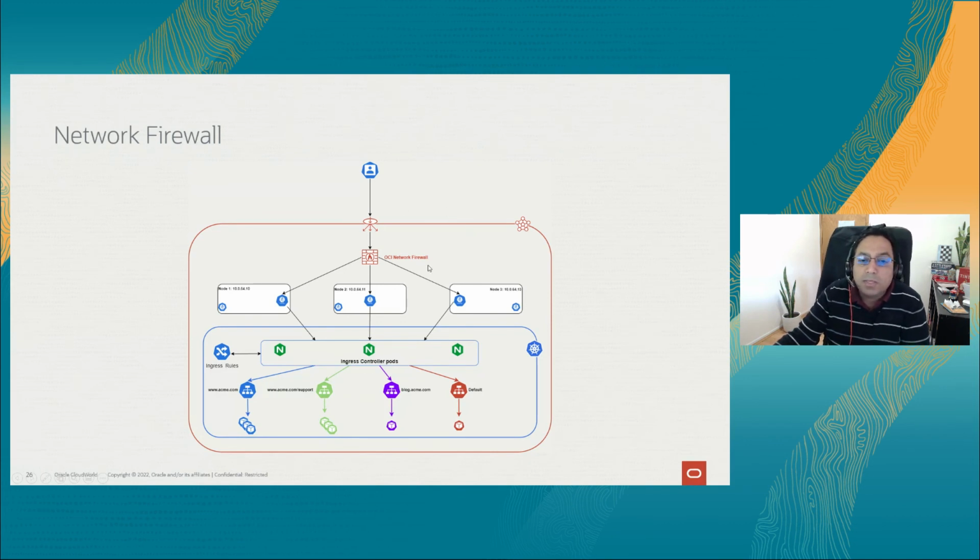You can use the OCI network firewall, and you insert it in between the network load balancer that's running at the edge, at the perimeter, and you configure the next hop of this to be the OCI network firewall, which you configure to decrypt and to inspect packet headers and so on and so forth. In this way, you can add additional protection when you're using the network load balancer.